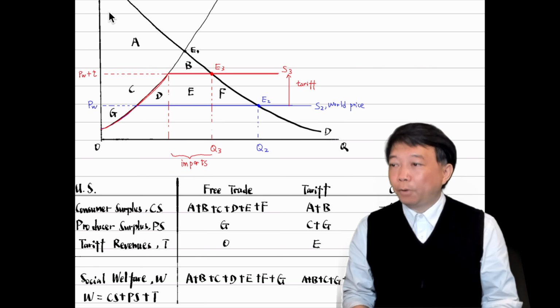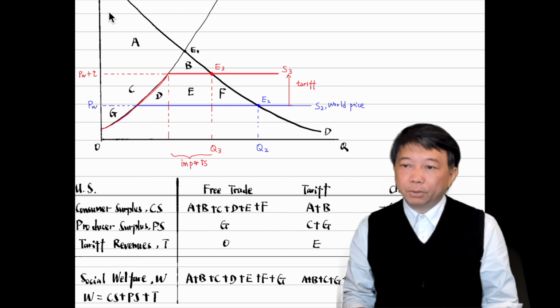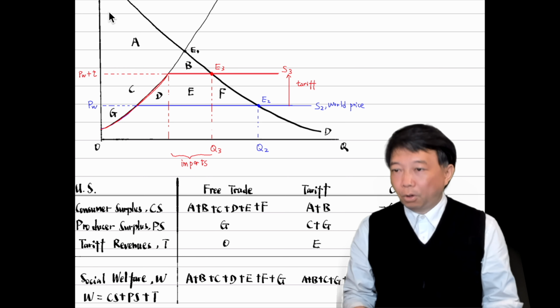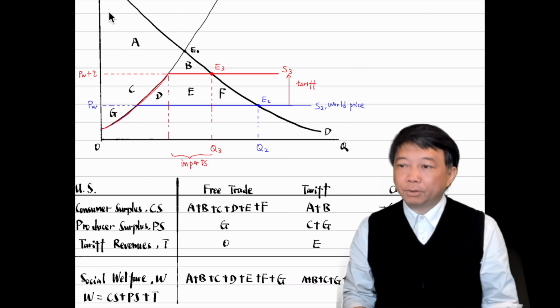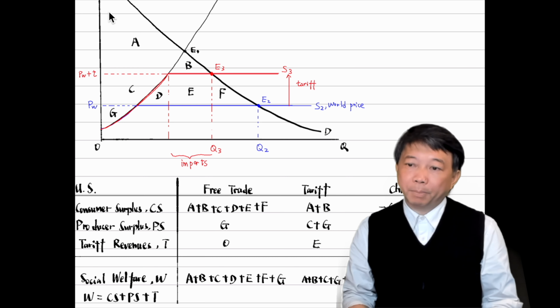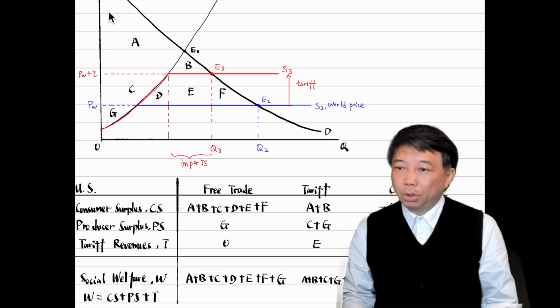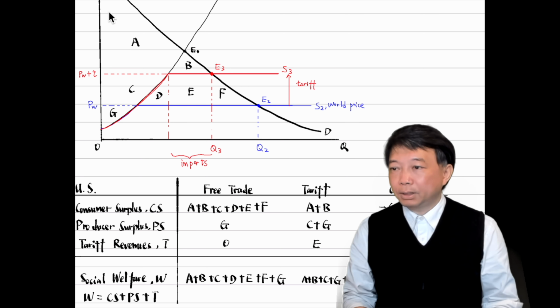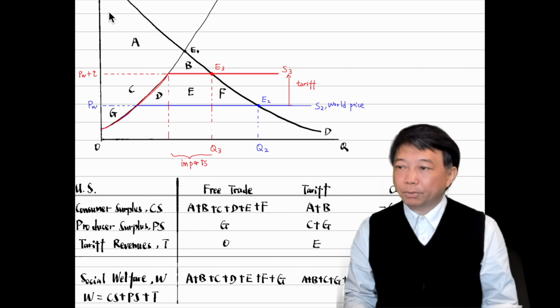If, unfortunately, the government's administrative costs offset all its tariff revenue, then the social welfare deadweight loss caused by tariff policies would include areas C plus D plus E plus F. That is the worst possible consequence of tariff policies.